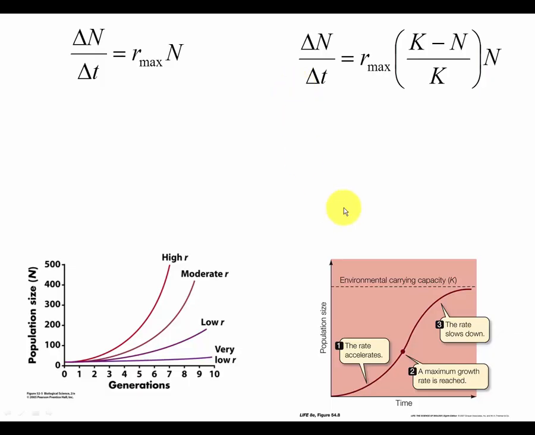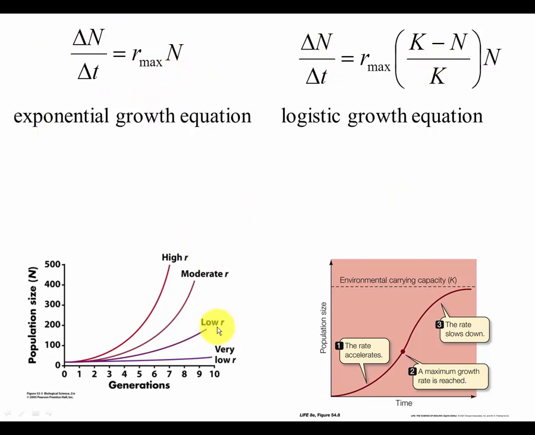So in a nutshell, here are the two equations that you need to know. The exponential equation and the logistic equation. These are the shapes they take on: with the exponential equation, the growth is always curving upward, always steeper. The logistic growth accelerates upward and then comes back downward.